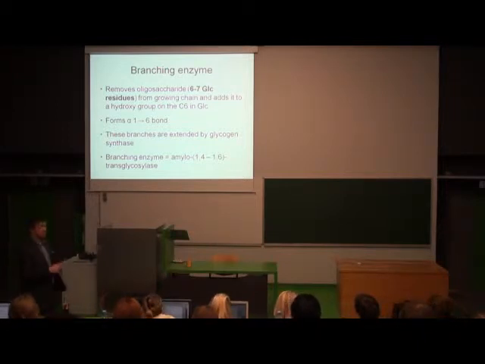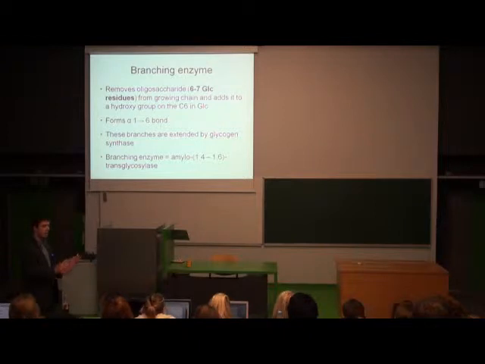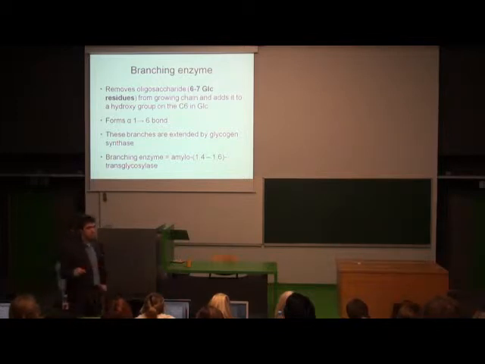The reaction is also simple. If you have a linear chain of glycogen, you take an oligosaccharide of 6 to 7 glucose residues and put it on the 6 carbon and produce an alpha 1 to 6 bond.